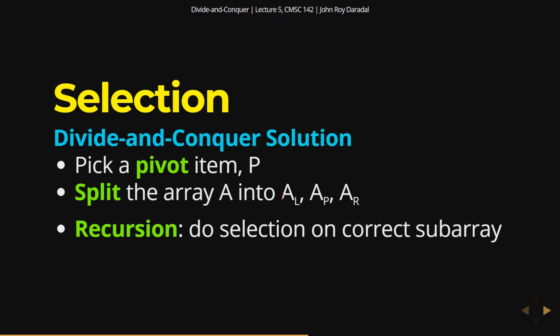So either we recurse on A sub L, A sub P, or A sub R. We select one of the three and choose the correct item in one of those subarrays. So we are reducing our problem space: from the bigger array A, divided into three, our recursion picks one of the three, and then we repeat the same process. That would make it faster also, right? So that's the divide and conquer approach.